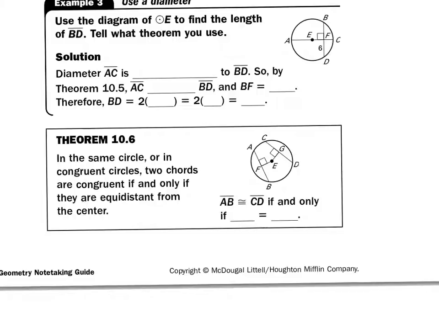Use a diagram of circle E to find the length of BD. Tell what theorem you used. So, solution. Diameter AC is a perpendicular bisector, or perpendicular to BD.